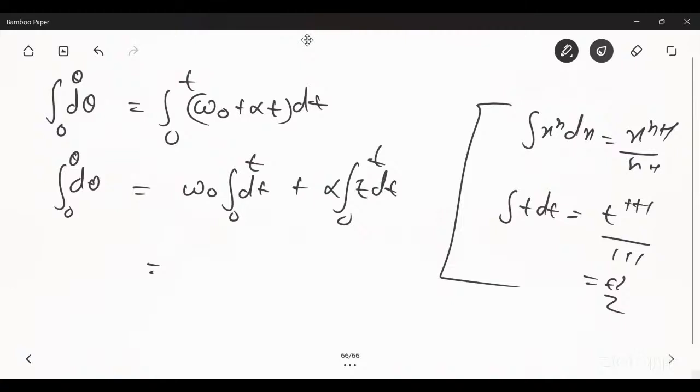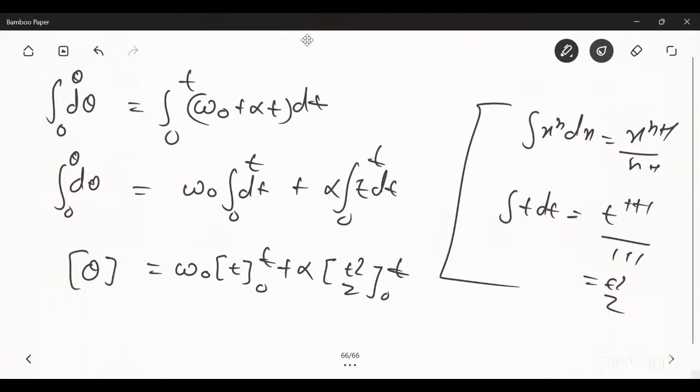So you will get theta minus 0 equals omega naught t minus 0 plus alpha (t square minus 0) by 2. So theta is equal to omega naught t plus half alpha t square, which is the second equation of motion.